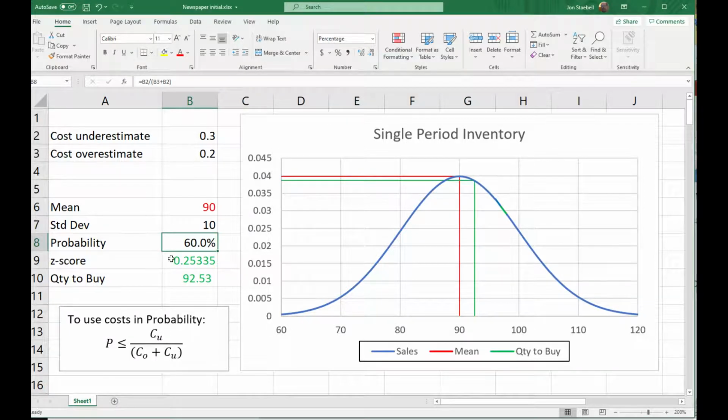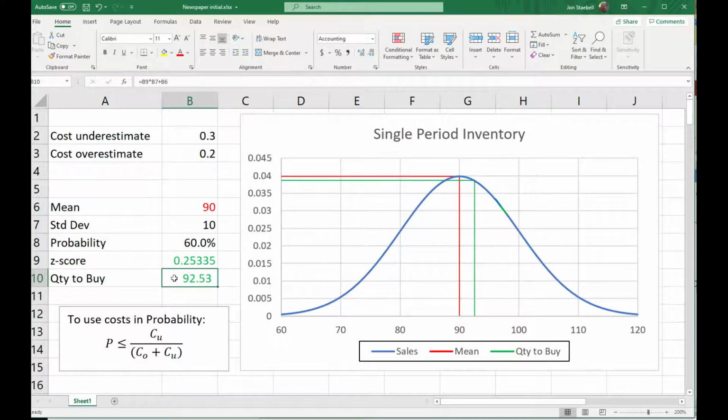So in this case, we calculated, left over from last time, a z-score for 60%, and then our formula here is taking 90 plus our standard deviation times that z-score, or 92.53.